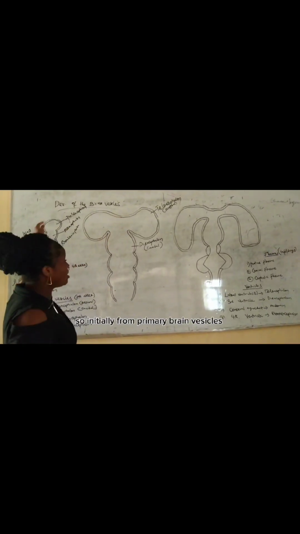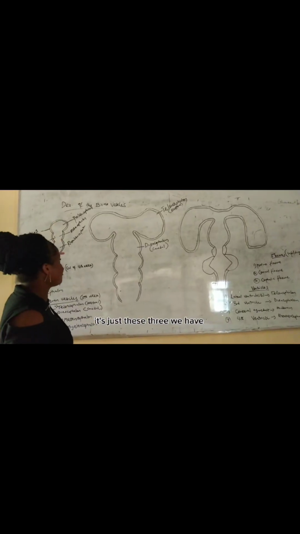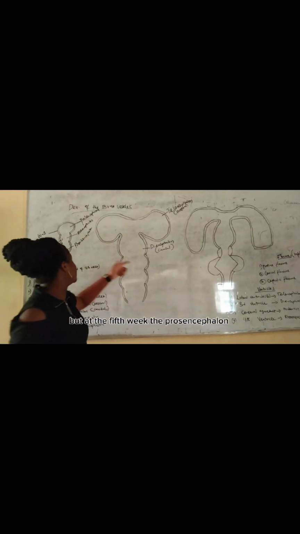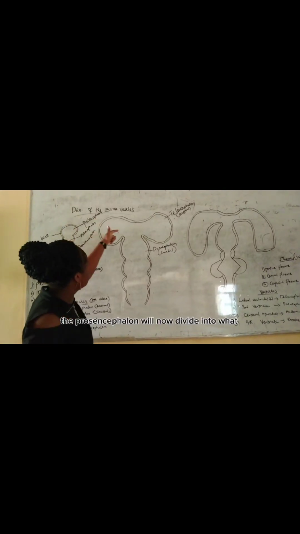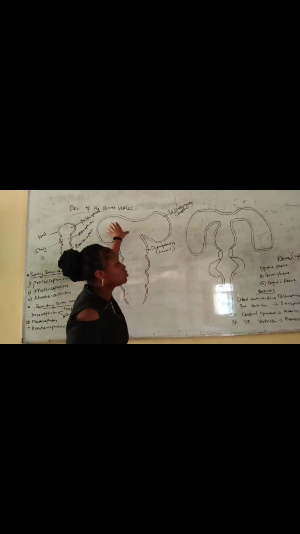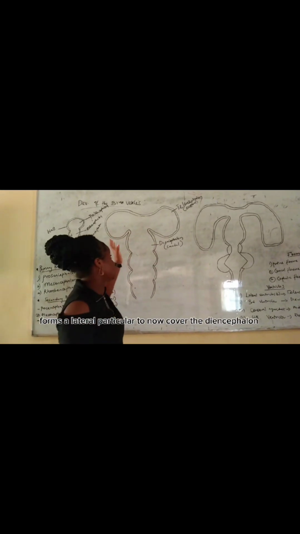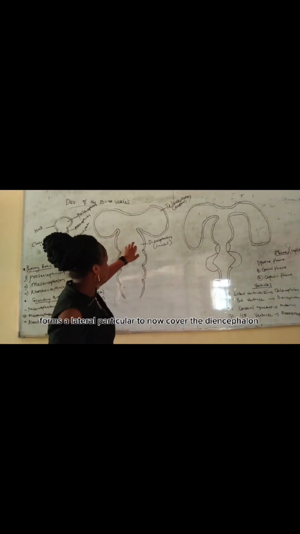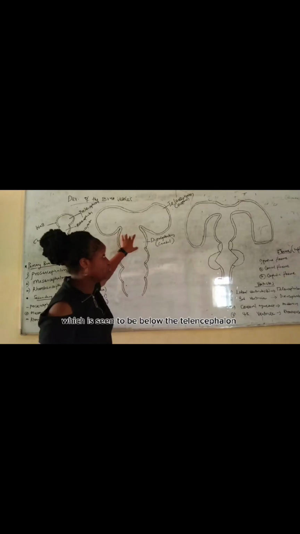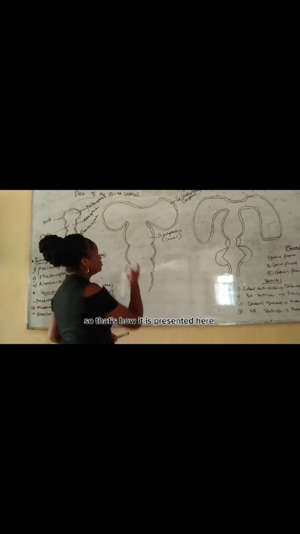Initially, from the primary brain vesicles, it's just these 3 we have. But at the 5th week, the Prosencephalon divides into the Telencephalon and the Diencephalon. The Telencephalon enlarges, forms a lateral diverticulum to cover the Diencephalon, which is seen below the Telencephalon. That's how it is presented here.